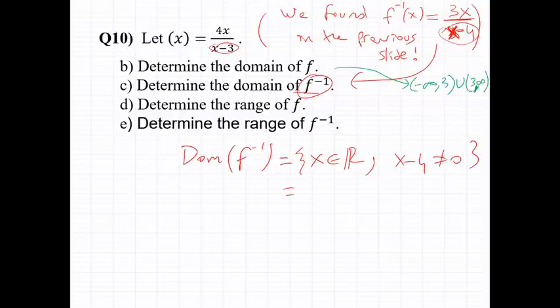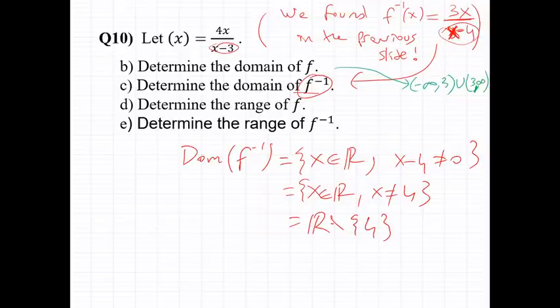So it means x can be anything but 4. That means all real numbers except 4. So if you write it in the interval notation, it will be 4 removed from the real line. So then we have this one as the domain.